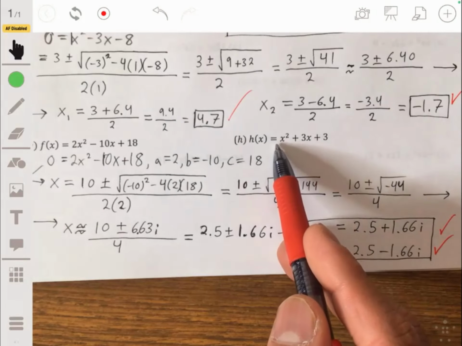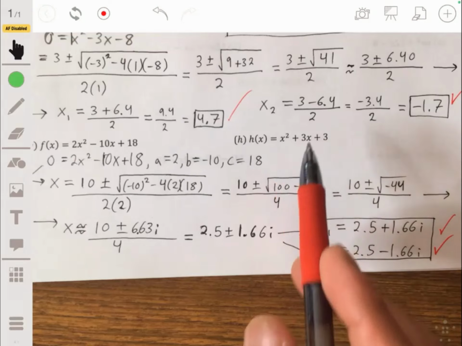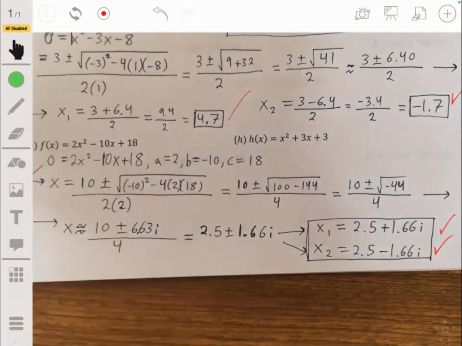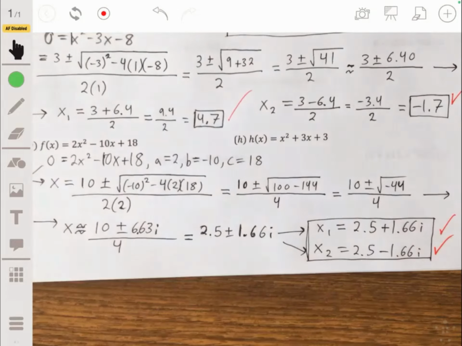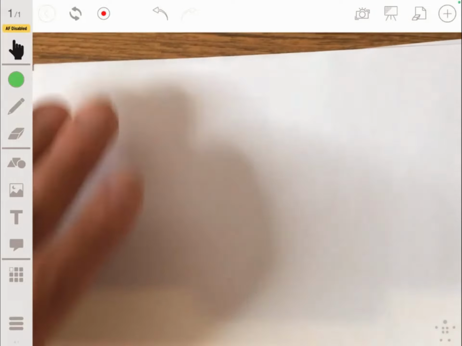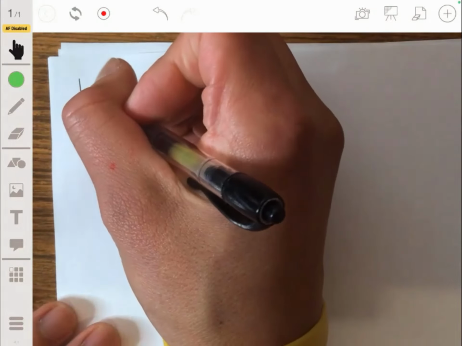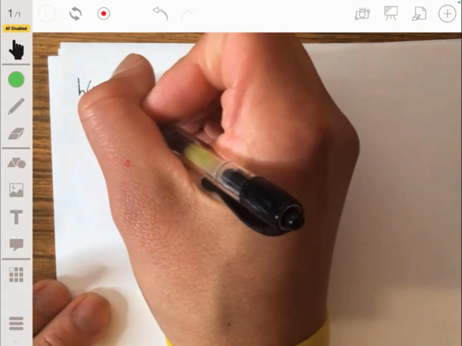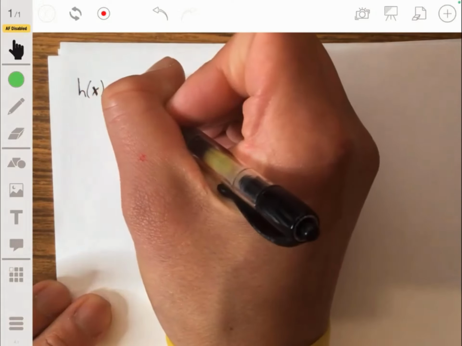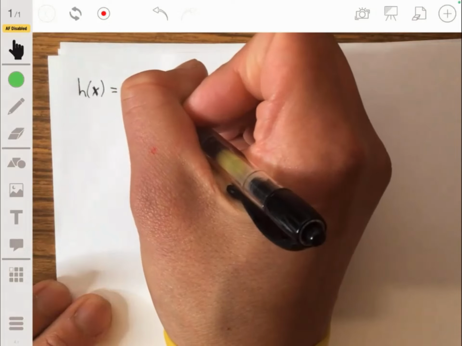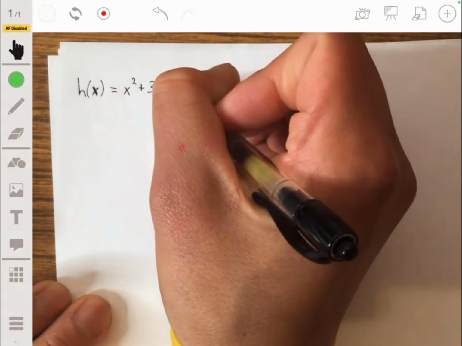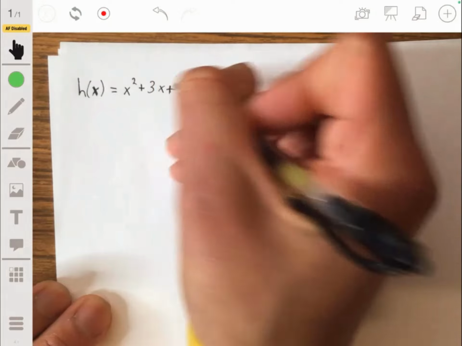All right, next one, h of x. So I'll do this on another piece of paper because I ran out of space again. We got h of x is equal to x squared plus 3x plus 3.